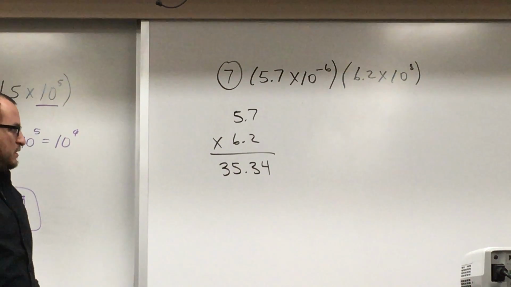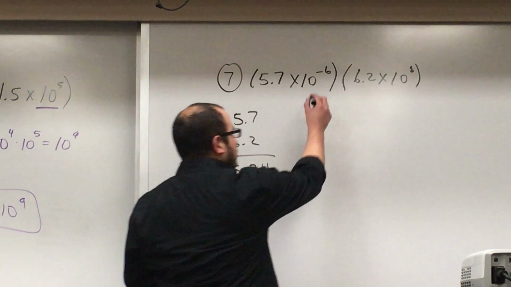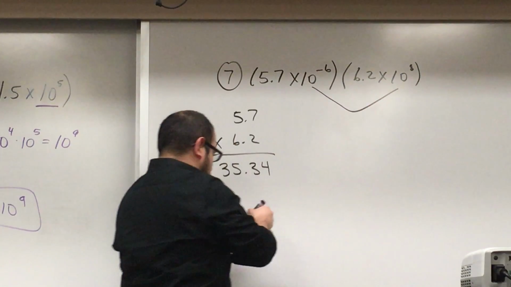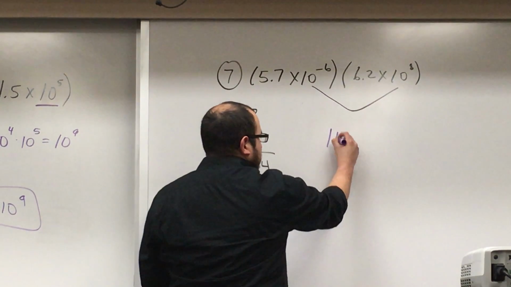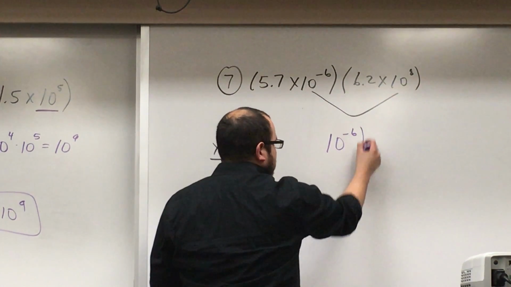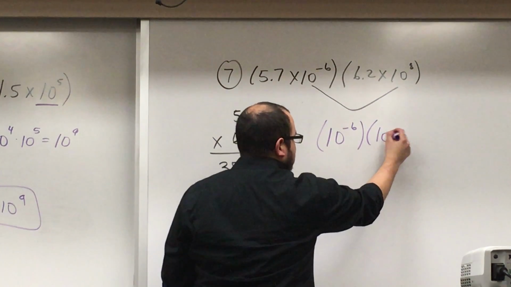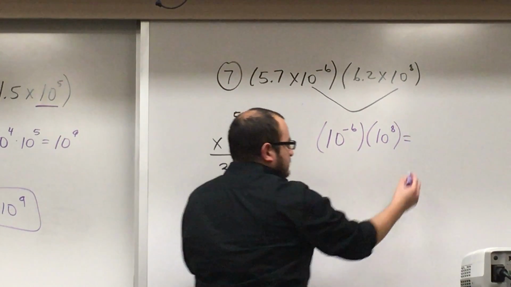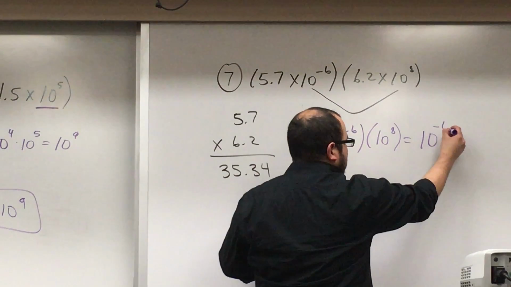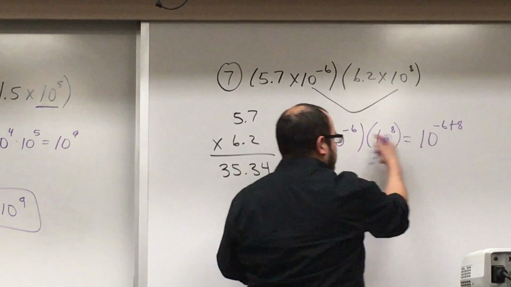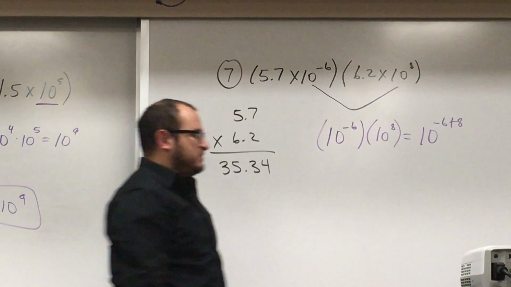Okay? Then you take your powers, 10 to the negative 6 times 10 to the 8 gives you 10, negative 6 plus 8, since we're multiplying, and that's going to give you 10 squared.